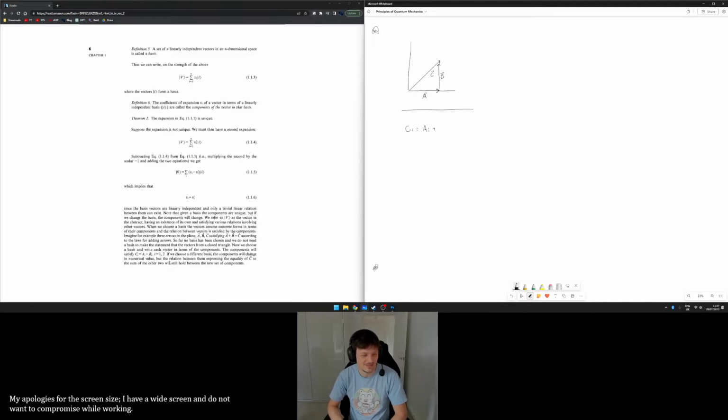The components will satisfy C equals A plus B, where I equals 1, 2.